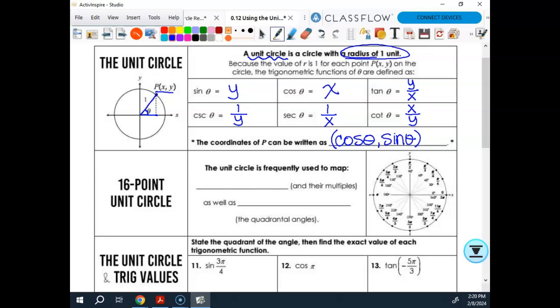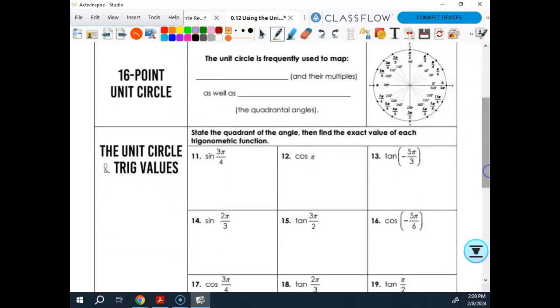Okay. Then we have the unit circle. I left this information on here mainly just because it has the word map in it. And I think when we use the word map in math, people get a little confused. It's not like a map of the United States. We're mapping numbers, or you can map a figure onto another. If you have a function, you're mapping x onto y, that sort of thing.